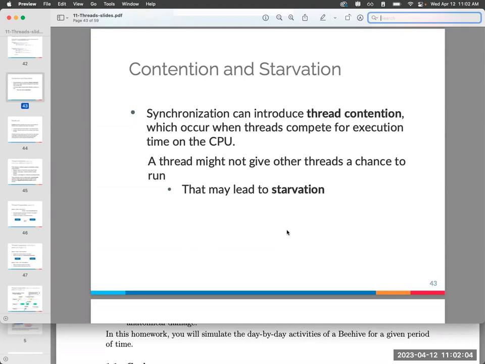When that happens, there is no guarantee whatsoever, at least if we don't create any mechanisms for it, to make sure that the rights to use the lock would be fairly shared.